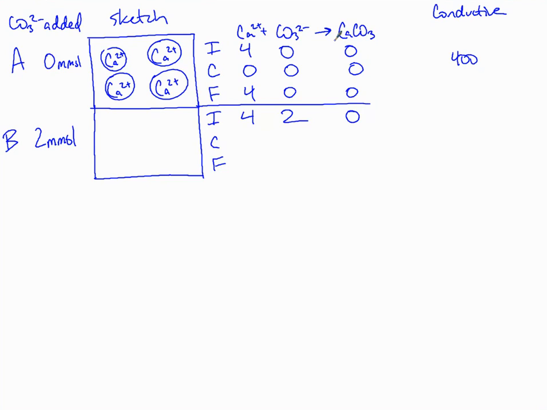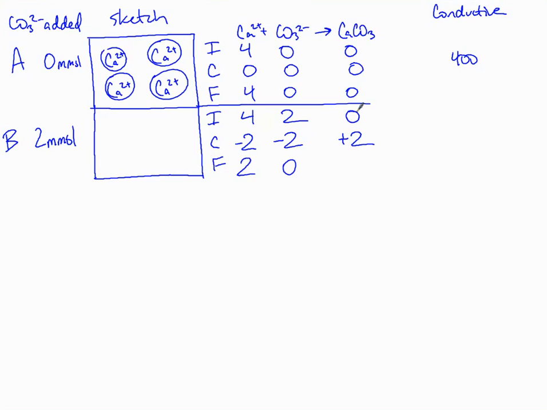So we're going to use up as much of the reactants as we can, which is this one. We're going to use up all of the carbonate, and that's going to use up 2 of the calciums. And when we lose 2 of each of these, it's going to add 2 of the product. And then our final, calcium is 4 minus 2, 2. Carbonate, 2 minus 2, 0.